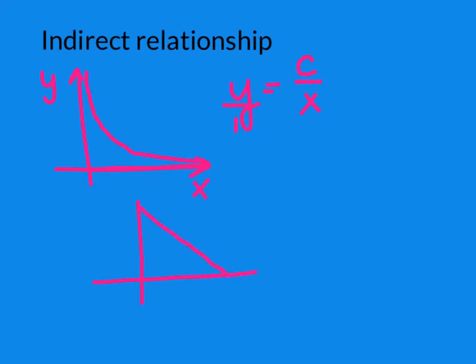This graph has a negative slope. We still have an indirect relationship because as the x-axis increases, the y-axis decreases. So the only difference is that this graph has a negative constant slope.